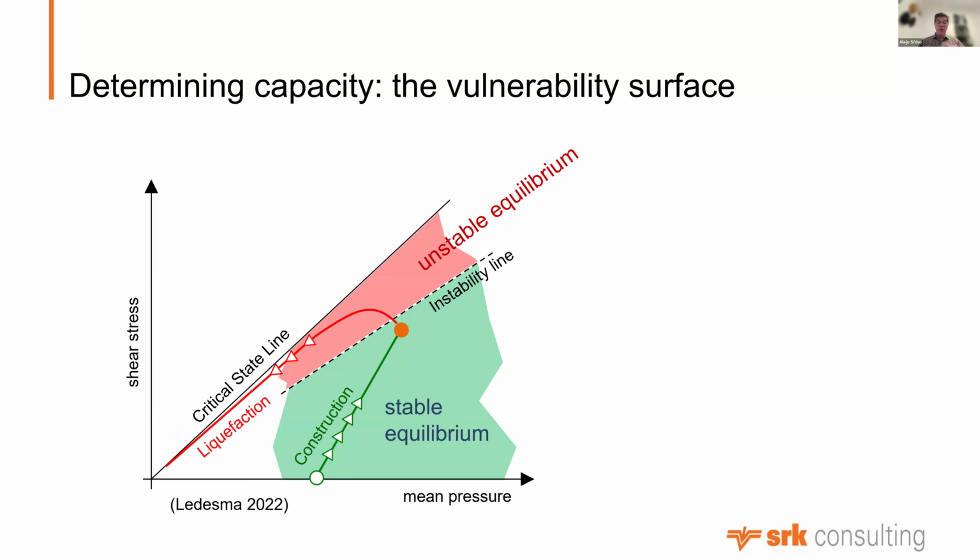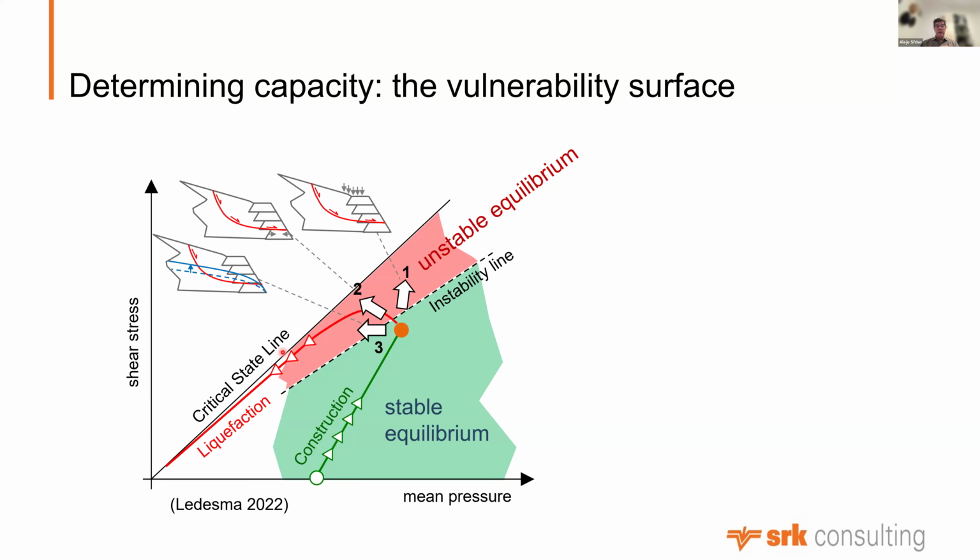To do this, what we have been doing recently is to pick a few triggers, a few actions that essentially do nasty things to the dam to see what happens. So we may apply a load at the crest of the dam, and that white arrow shows you the direction where the stress path goes, or we may induce some displacement at the top of the dam that will reduce the horizontal stress, and that will be number 2, the arrow number 2, or you may increase the phreatic surface.